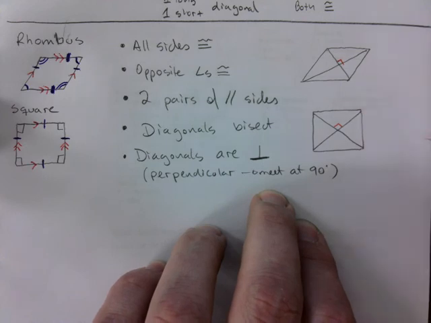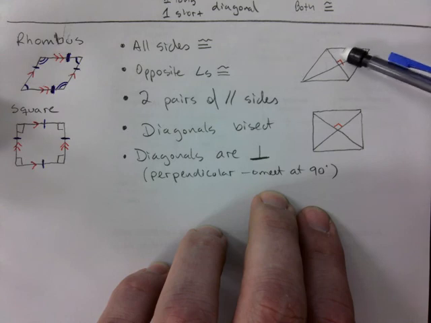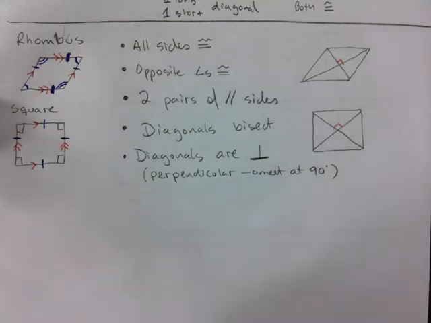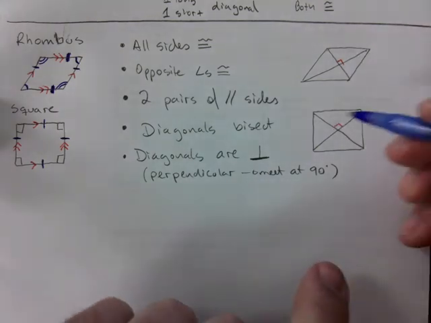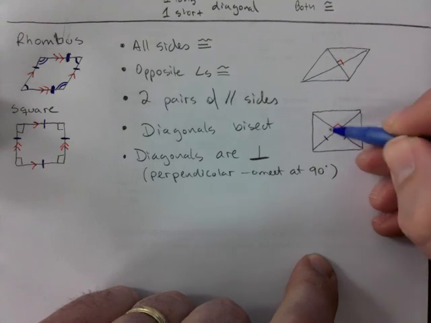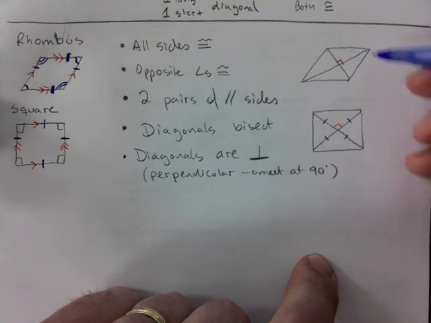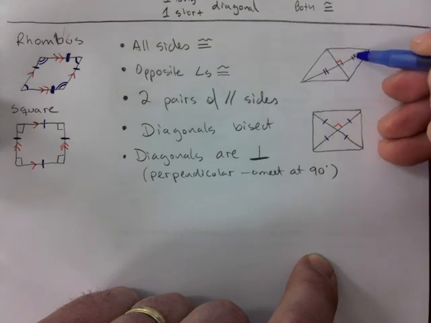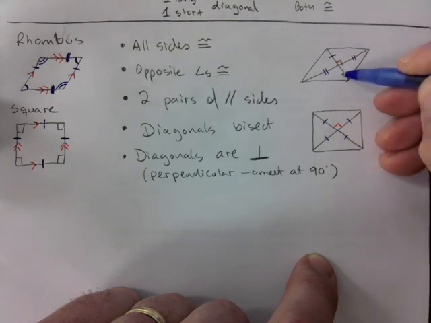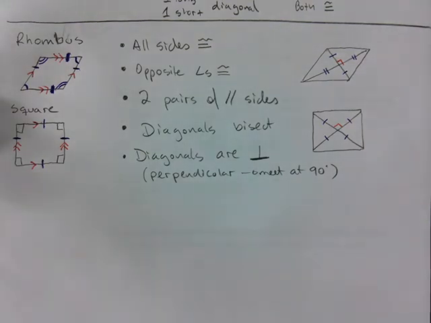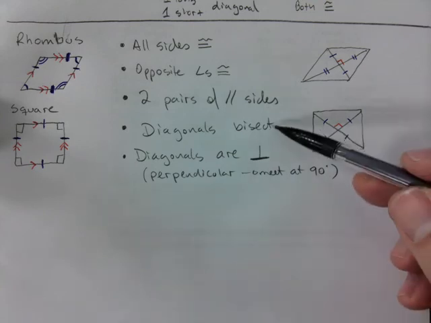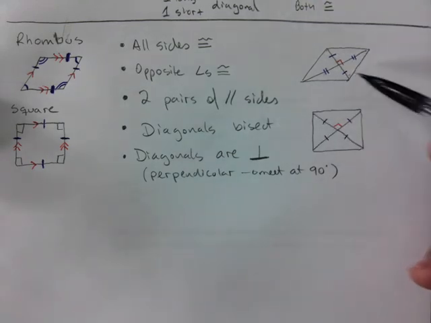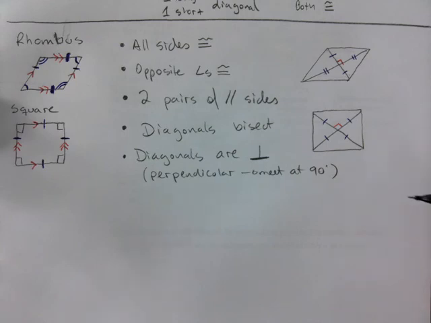If you know that it's a square or a rhombus, they meet at a 90. Okay, so that's what I mean there. And for a square, all 4 of these would be the same. For a rhombus, this would be the same as that, and this would be the same as that. So the diagonals bisect each other, and they meet at a 90.